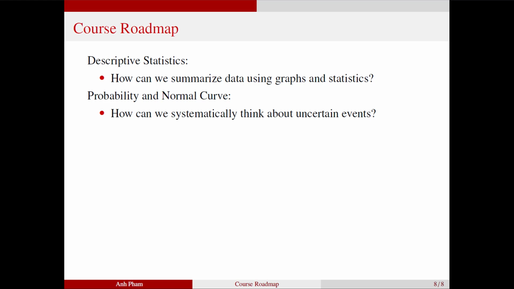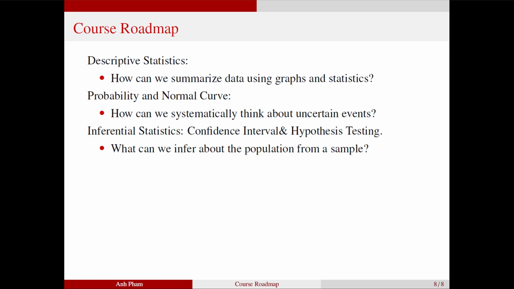The reason we have the topic of probability and normal curve is that it's going to help us think about inferential statistics, where we're going to use our knowledge of probability, normal curve, and uncertain events to think about how we can infer about the population from a sample. The concepts we are going to learn are confidence intervals and hypothesis testing.